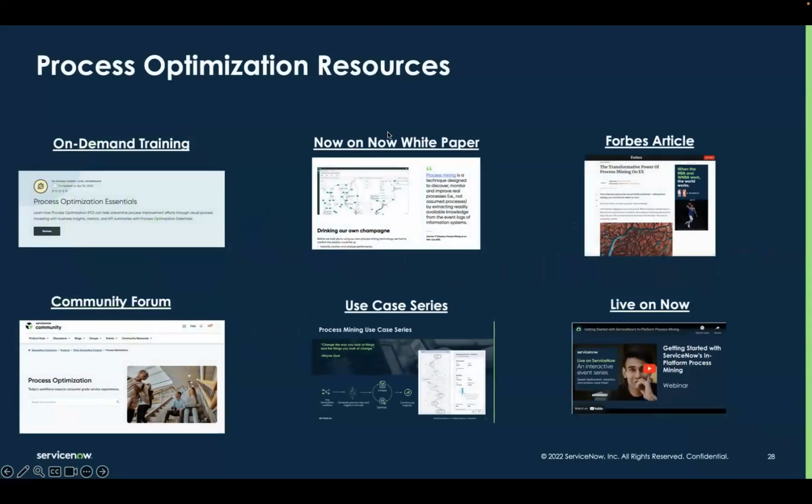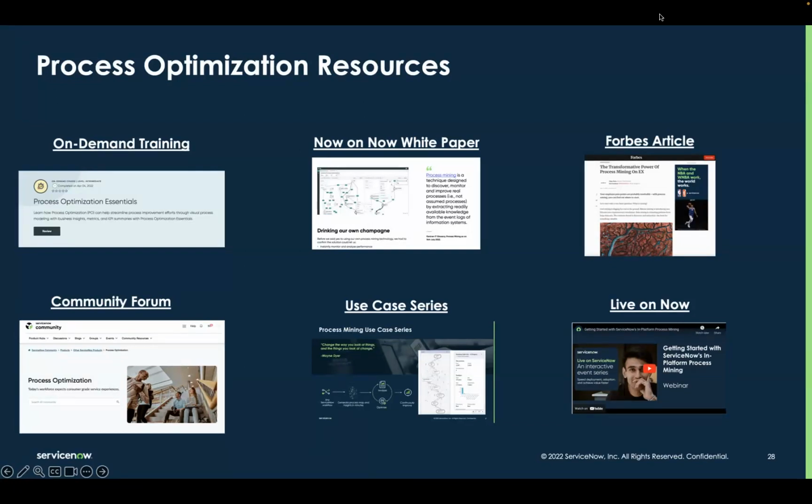As we wait for those questions to come in, here are some additional resources that are out there above and beyond today. Now I have to update this slide to say process mining resources. But there is an on-demand training out there. If you've not seen it, today it's still currently called on the Now Learning site Process Optimization Essentials, but that will soon be updated to say Process Mining Essentials when the Vancouver version of it comes out.